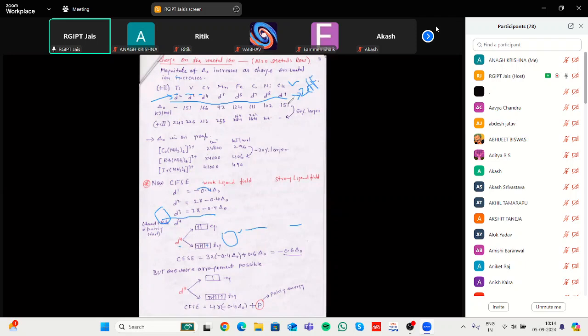After that, if we go from top to bottom in a group, meaning the 3d, 4d and 5d series, this is 3d cobalt, 4d rhodium and iridium, that is 5d. If we go down the group, then Z effective increases, meaning more energy can be absorbed.